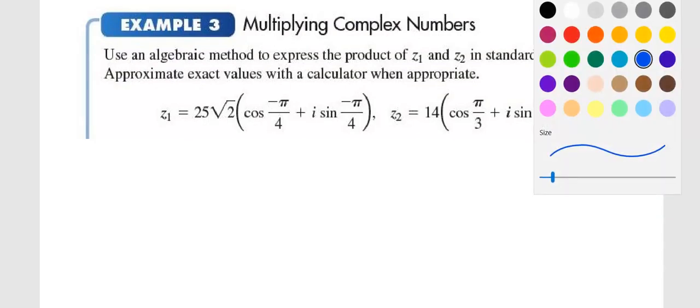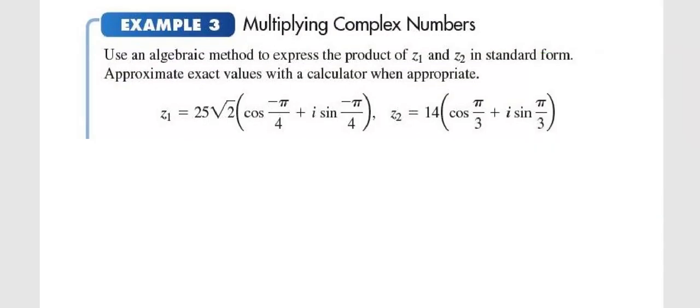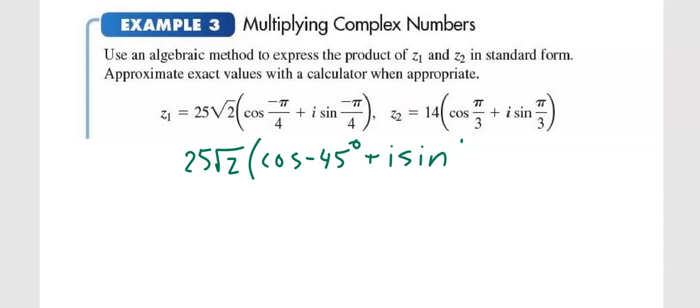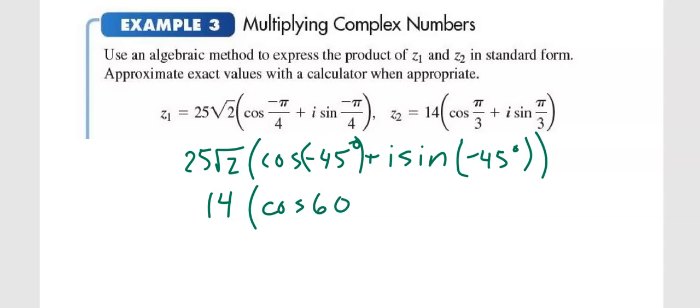And just to make your life a little bit easier, why don't we just convert them to degrees? So 25 radical 2 cosine negative 45 degrees plus i sine negative 45 degrees, and 14 times cosine 60 plus i sine 60.